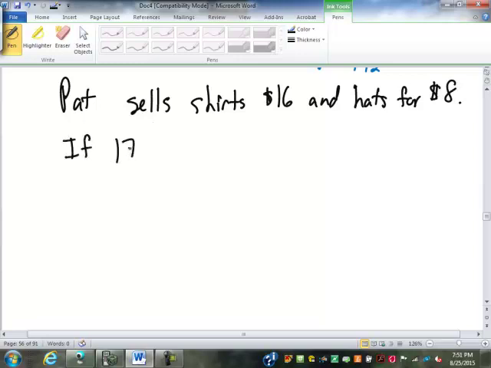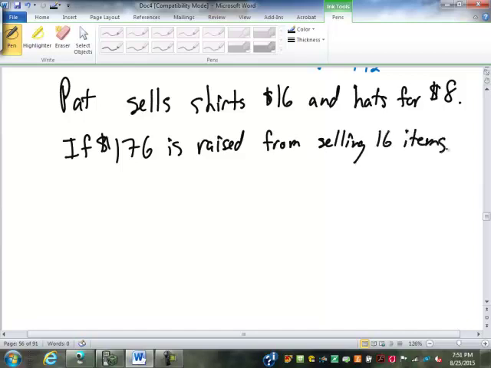If $176 is raised from selling 16 items, how many of each is sold?